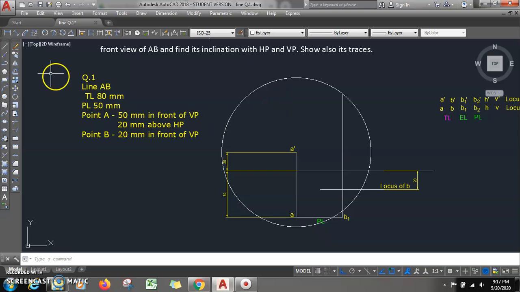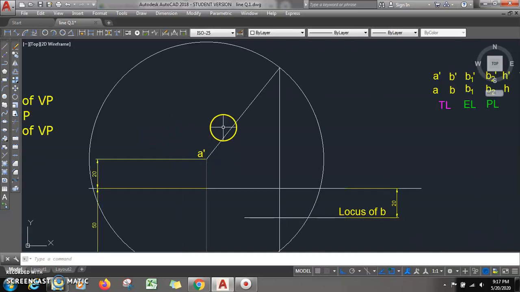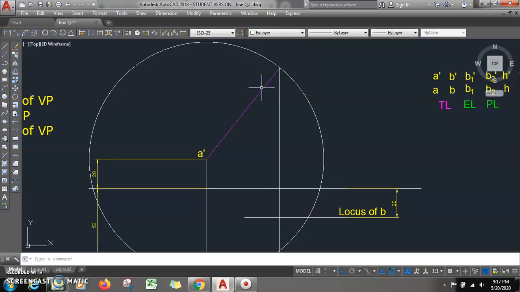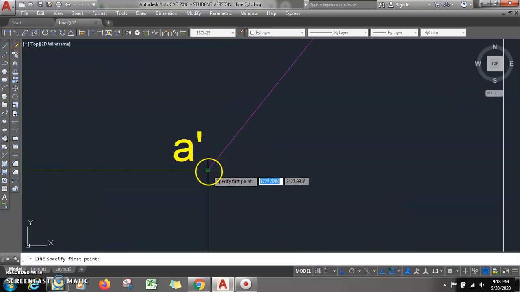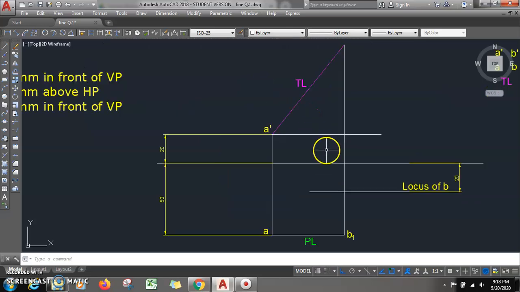What next? This point is to be joined with point A. This length is the true length. This angle, measured from a horizontal line drawn there, is theta. This circle you can delete. Simple.